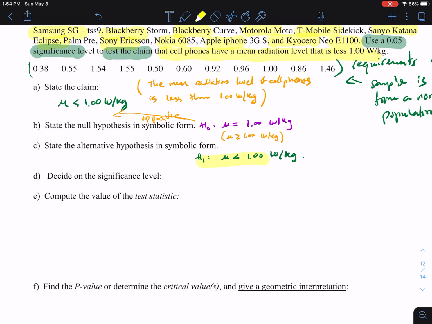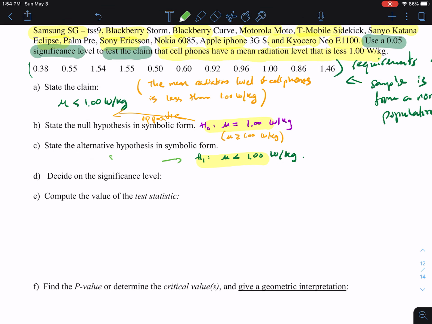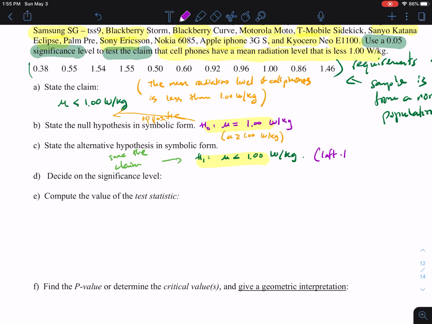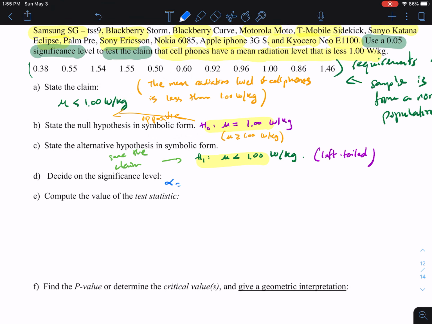It turns out this is the same as the claim, and this is a left tail test. We talked about that in the previous lesson. The significance level is usually given in the problem, 0.05.